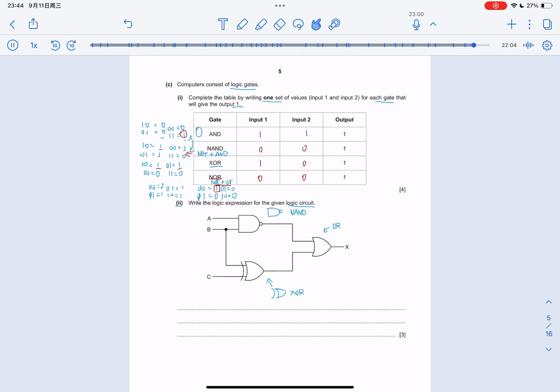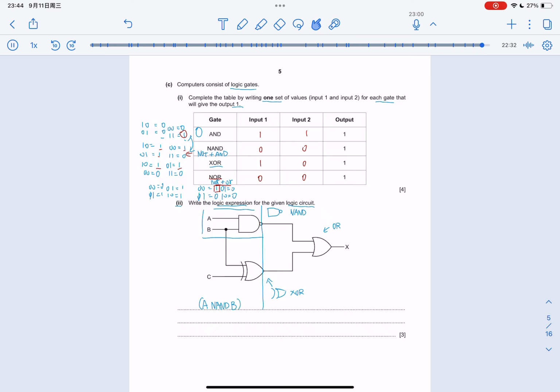Okay, for this question, we need to write a logic expression. We can separate it into 2 parts. And we focus on A, B first. So A and B connect with NAND. So we just write A NAND B. Okay, we're done with this part, so we circle it.